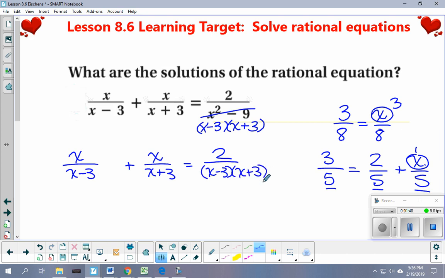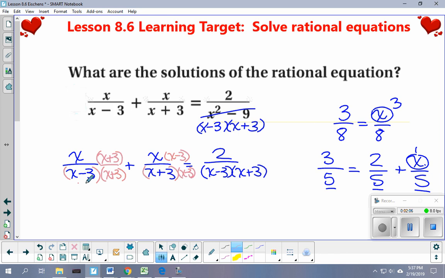So let's look at each term here. If we look at the first one, the denominator is x minus 3. Well, if the common denominator is x minus 3, x plus 3, we need the factor of x plus 3, and we'll multiply by x plus 3 over x plus 3. And in the next term, we have the x plus 3, but we need the x minus 3.